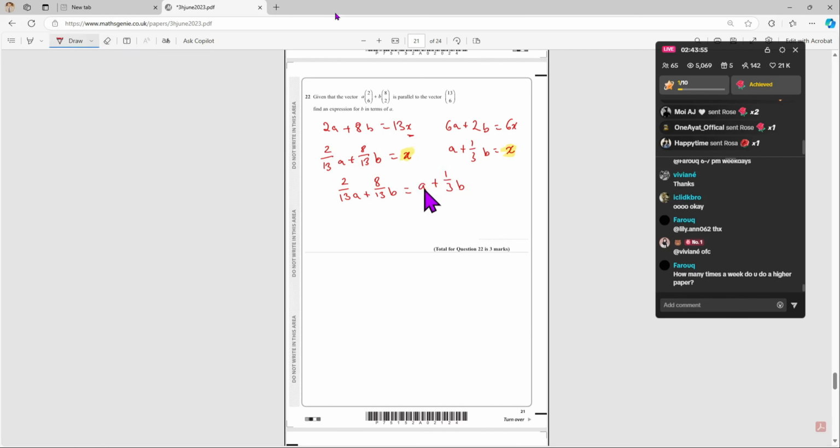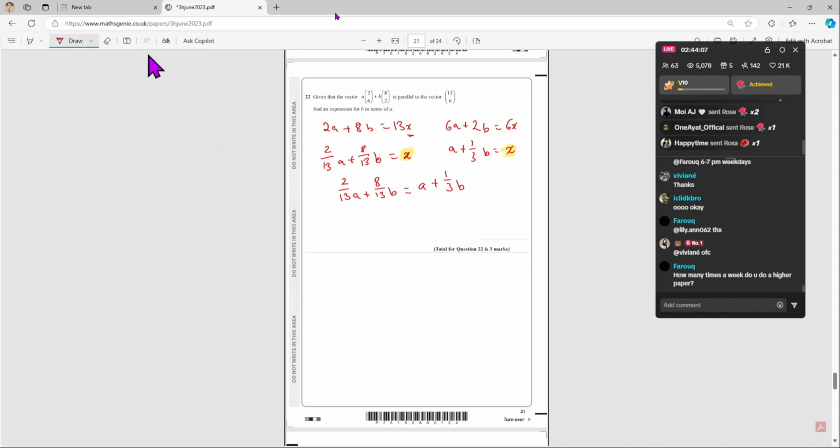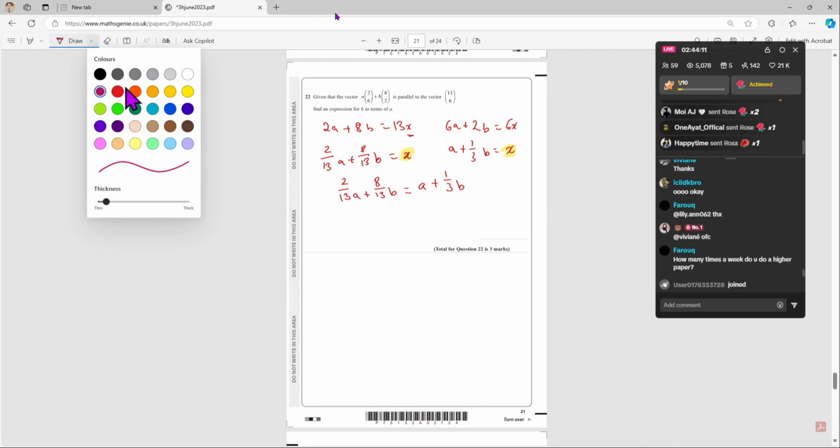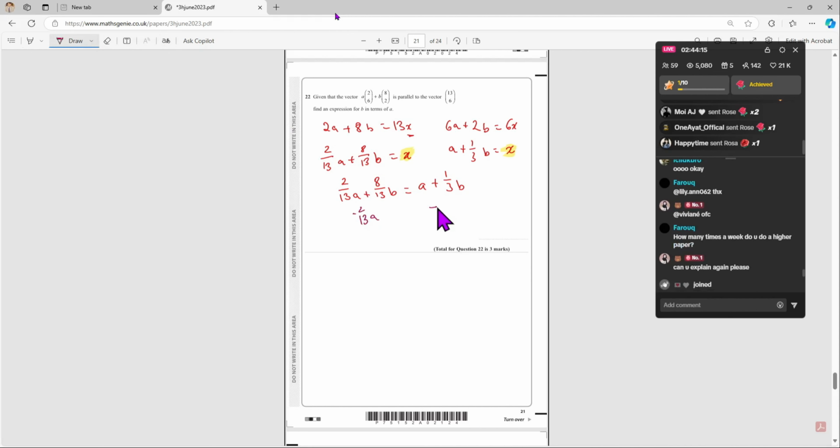Now we're going to move a to one side and b to the other. It says in terms of a for b, so you would minus 2 over 13a on both sides.